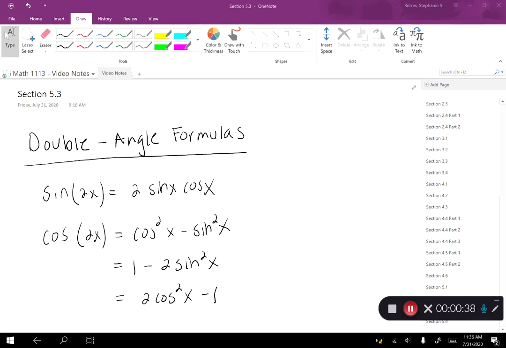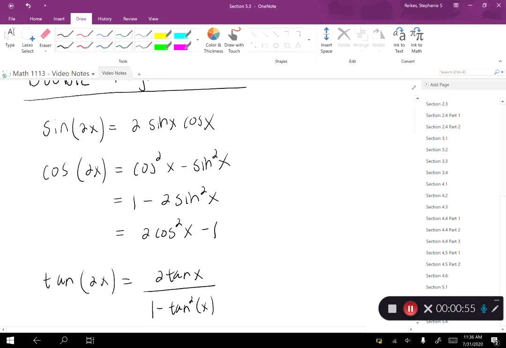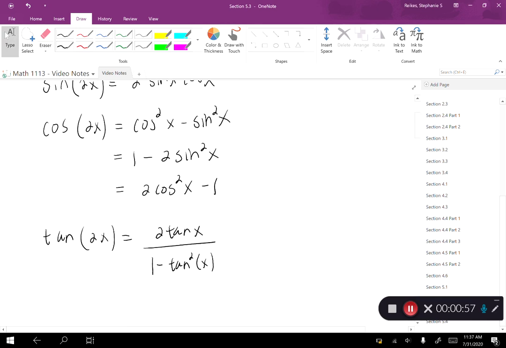So, cosine 2x is equivalent to cosine squared x minus sine squared x, or 1 minus 2 sine squared x, or 2 times cosine squared x minus 1. Tangent 2x is equal to 2 times tan x, all divided by 1 minus tan squared x.